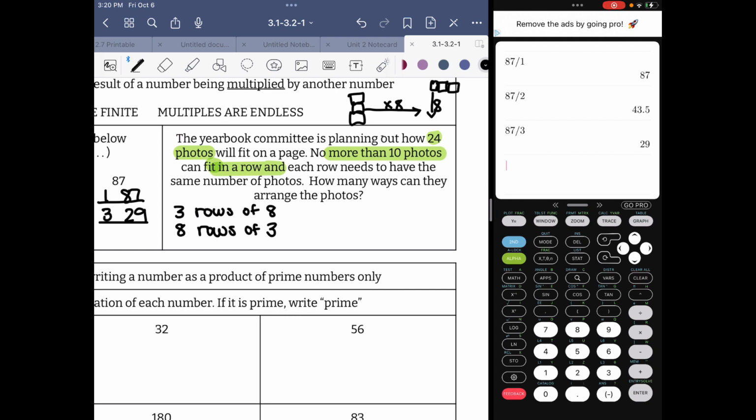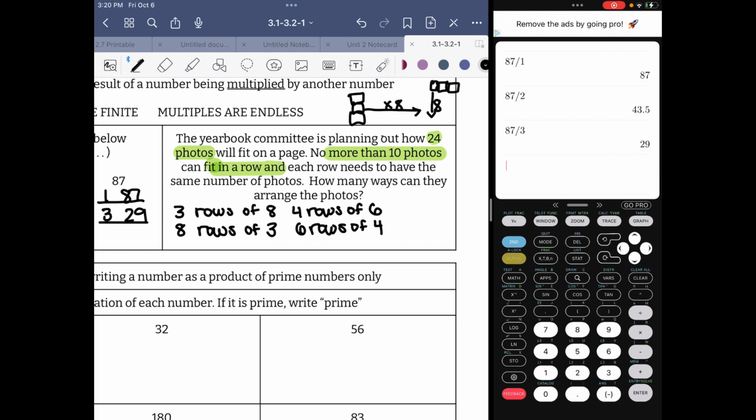What else multiplies to 24? 4 times 6, so 4 rows of 6, or 6 rows of 4. What else multiplies to 24? We've used 3 and 4. What about 2?